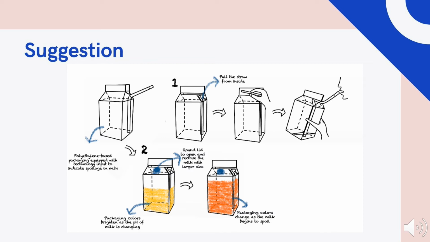Moreover, it is found that the production of polyethylene is now using sugar cane as the fuel, so it generates less emission and uses less energy. Additionally, the packaging will be equipped with some technological input, which is heat sensing codes to indicate spoilage in the milk. So the milk will change to brighter or darker colors when the pH of the milk is changing.